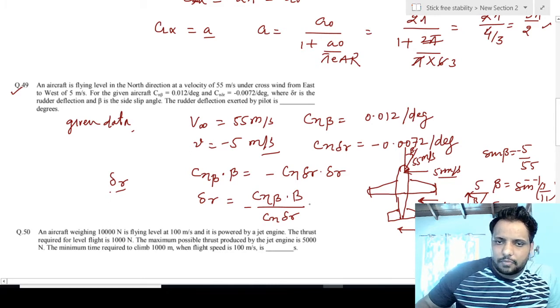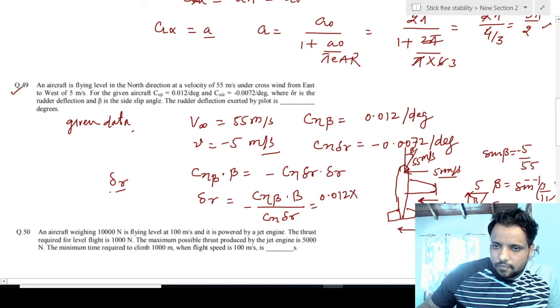Now I can put the values here, Cn beta is given as 0.012, multiplied with minus 5.216, divided by 0.0072.